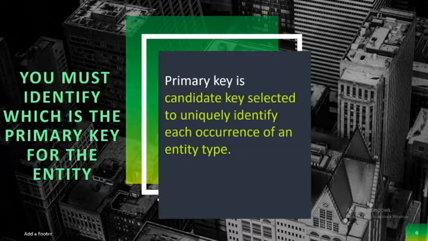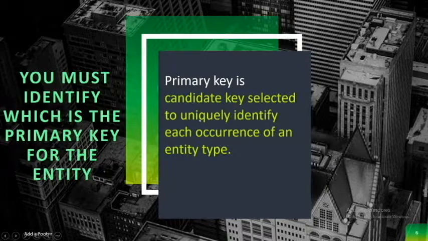Based on the question, the question asks us to list all the entities, including subclass, and then we also need to identify what is the primary key for the entity. Okay, so what is a primary key? Primary key is the candidate key selected to uniquely identify each occurrence of an entity type.